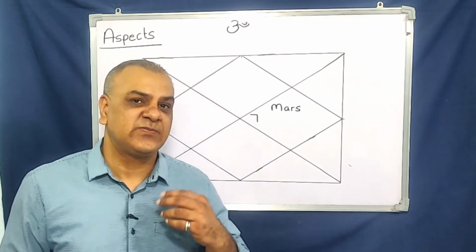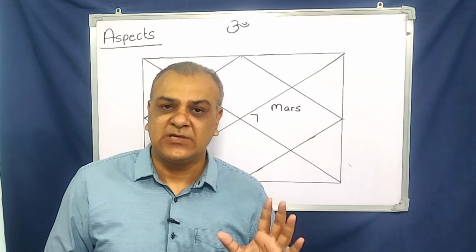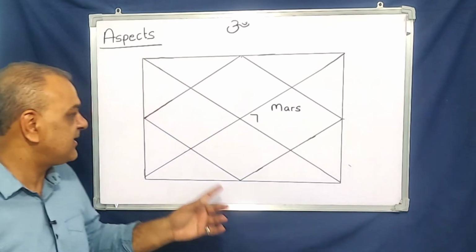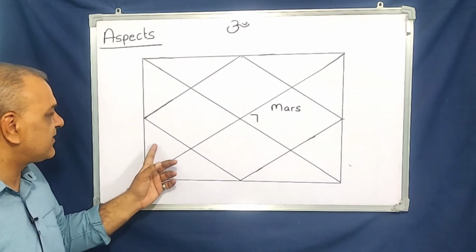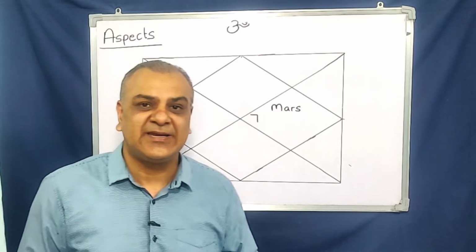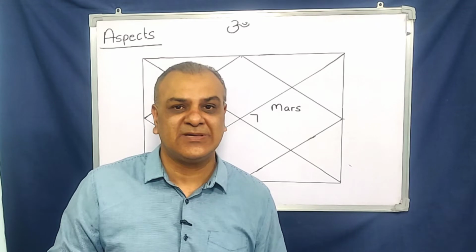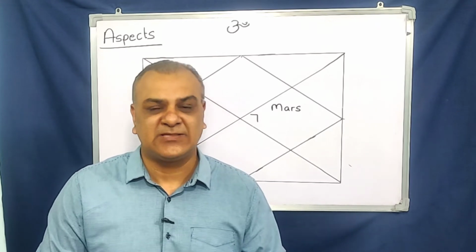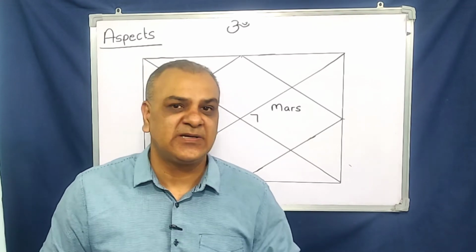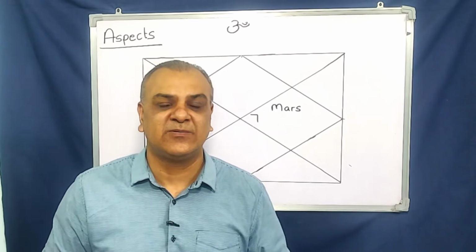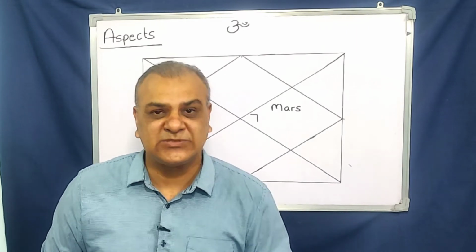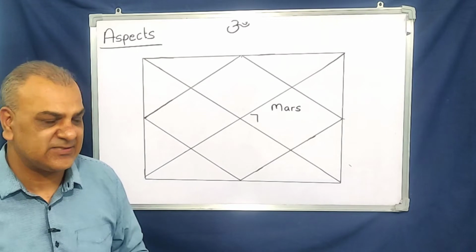All planets aspect their 7th house from where they are placed, and Mars will aspect the 5th house also. This is the 8th aspect of Mars. But here I am going to talk about only the direct aspect, like the 180 degrees aspect, which is normally known as aspect on the opposite house where the planet is placed.